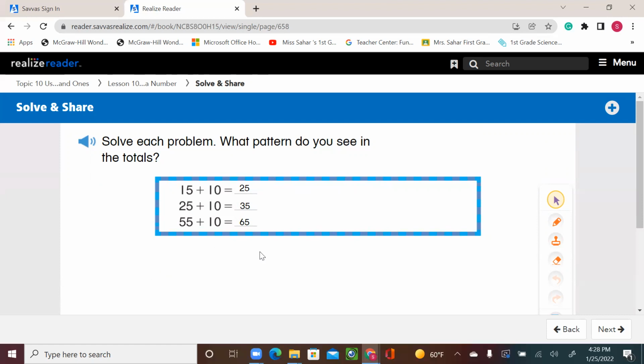All right, so now we agreed that the tens increased by 1 when you add 10. So 15 plus 10 equals 25. 25, when I added the 10, I see the tens digit increased by 1, 35. 55, when I added the 10, I see the digit, the tens, 5, it increased by 1, 65.